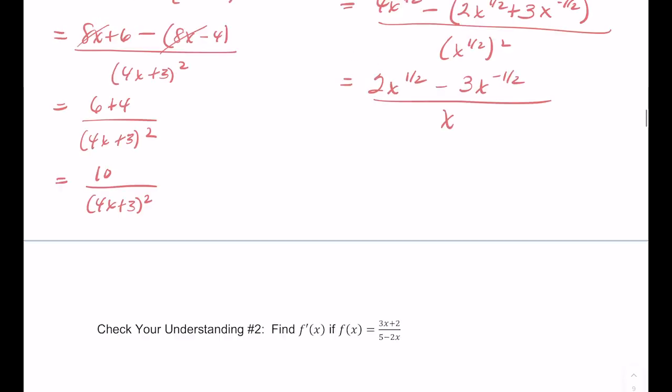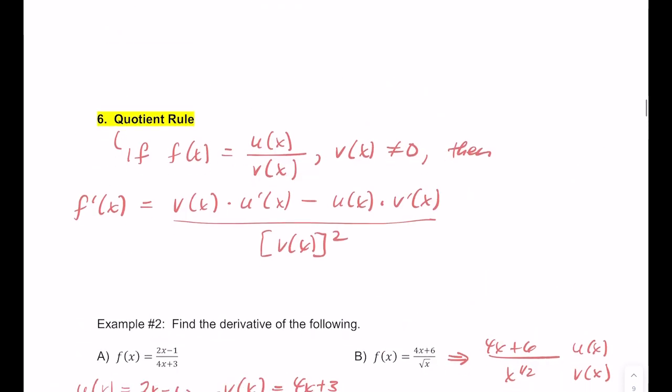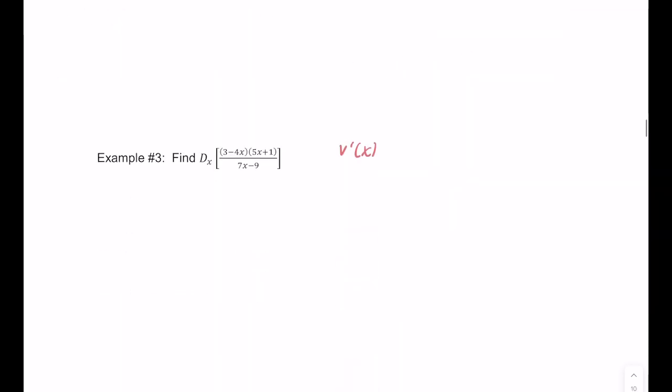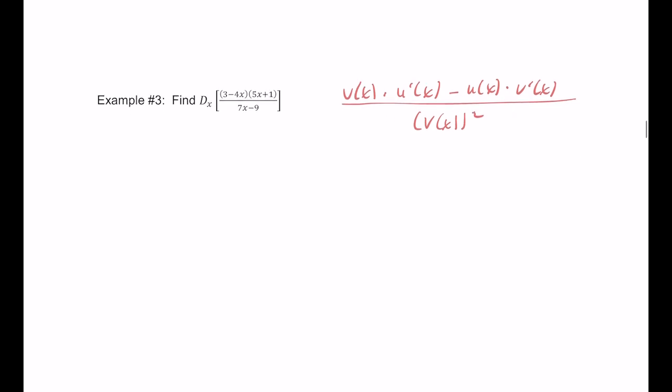So remember, the quotient rule would be v of x times u prime of x minus u of x times v prime of x all over v of x squared. Okay, so let's write out here what we have.